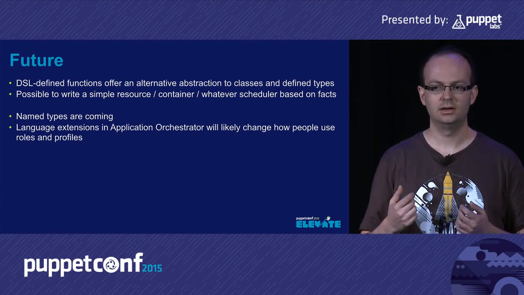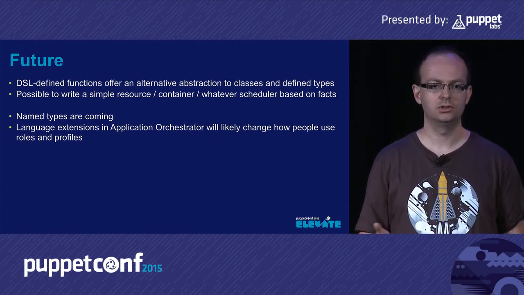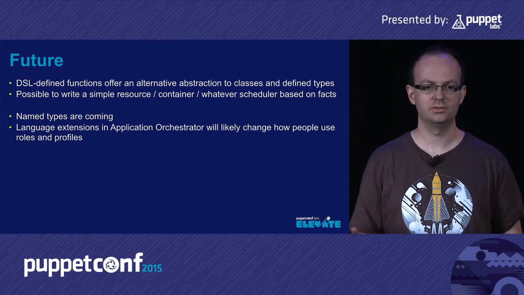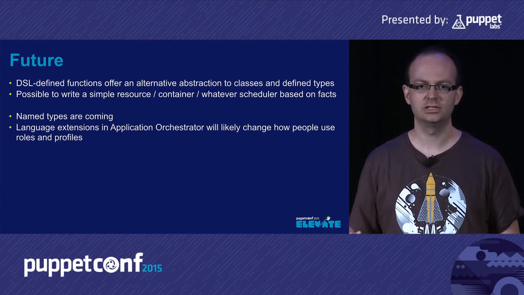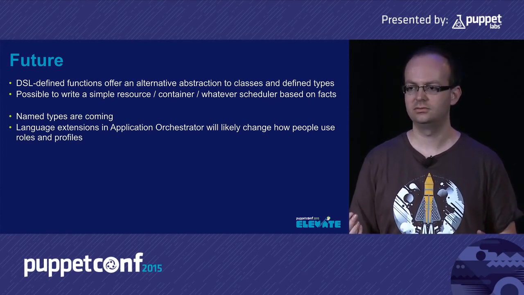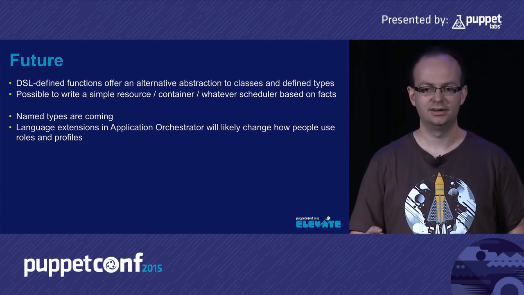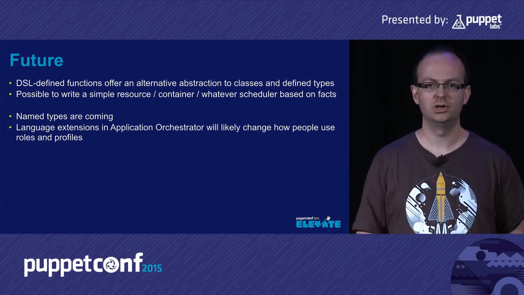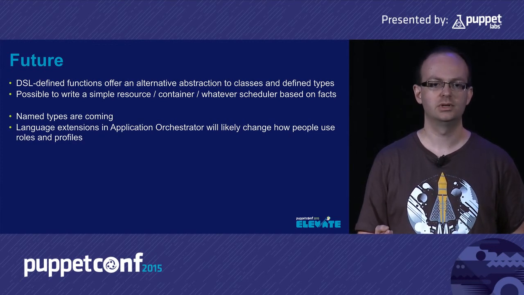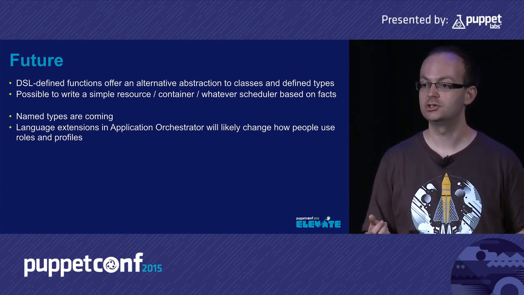So during the keynote, Luke talked about being aware of the need for multiple Puppet runs and eventual consistency in a lot of use cases, and considering that a bug. I think it's a bug too, but it's a bug that I'm willing to live with because it makes my life easier.